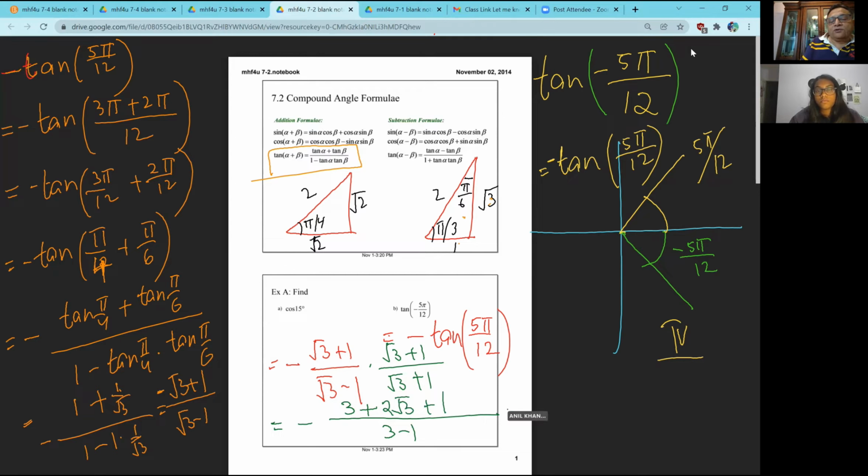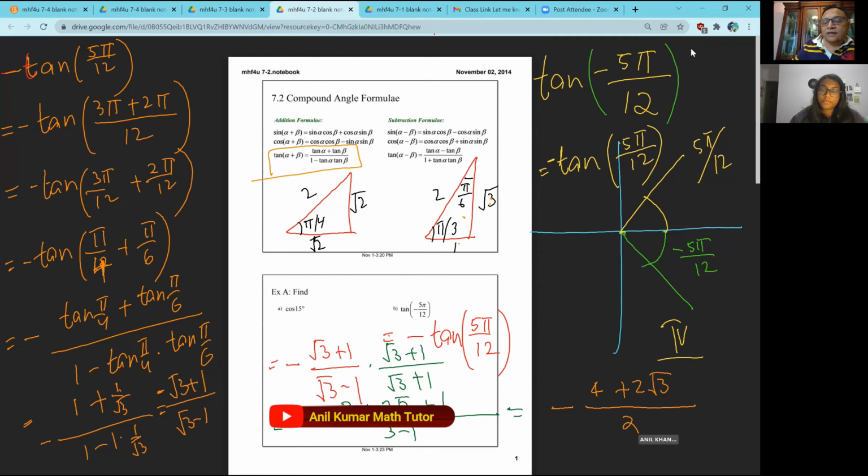And so I could write this as, minus of the numerator here for me now is 4 plus 2 square root 3, and the denominator 3 minus 1 is 2. And let me divide by 2. And when I do so, what do I get? Minus of 2 plus square root 3.